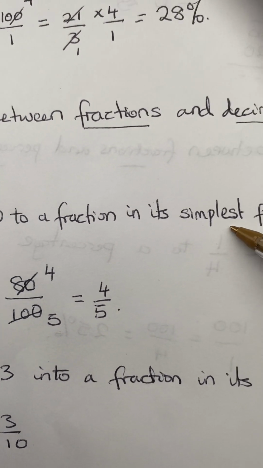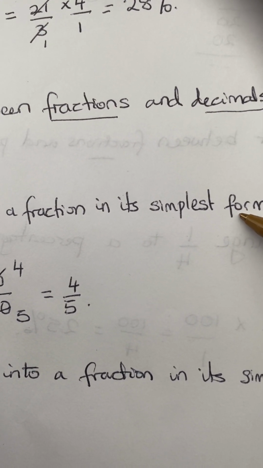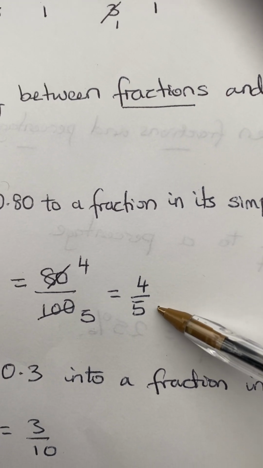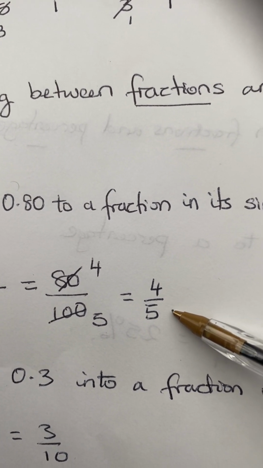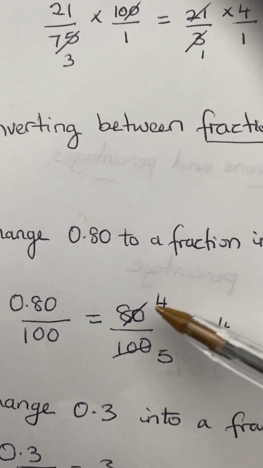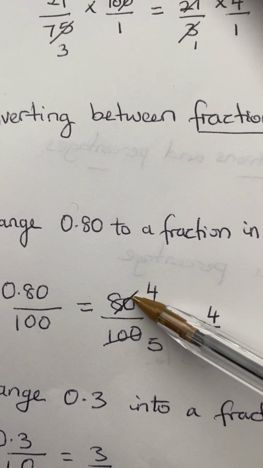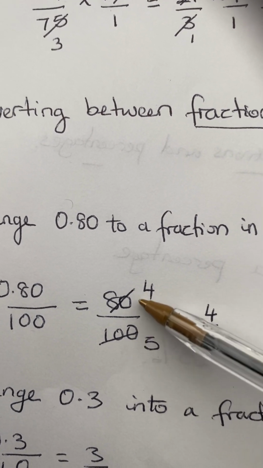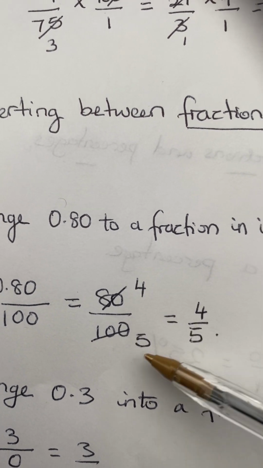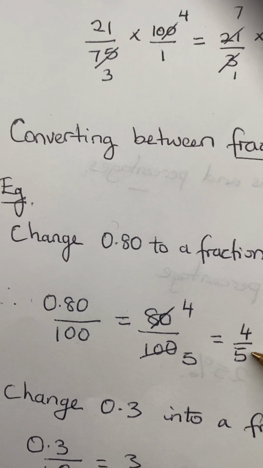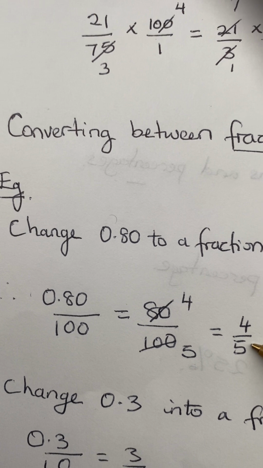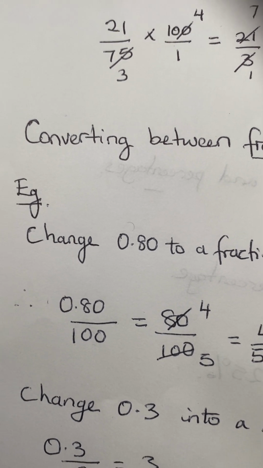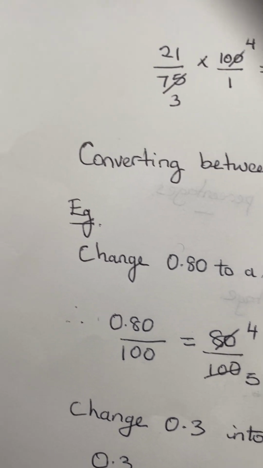But as long as the question asks you to do that, you have to go a step further. All you need to know here is that 20 is a factor of both 80 and 100, and it's easy. This question can come in a non-calculator paper because you don't need a calculator to do this.